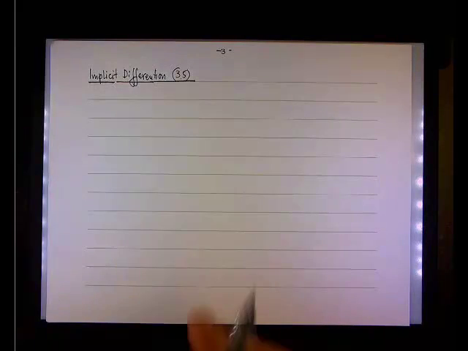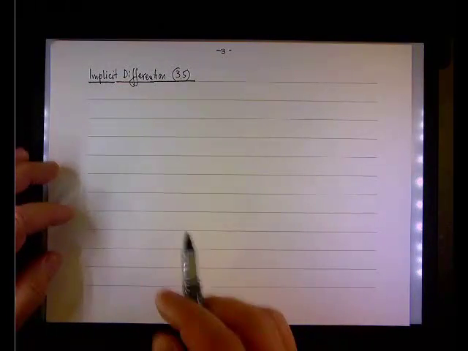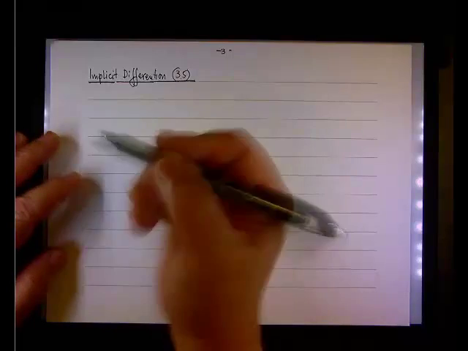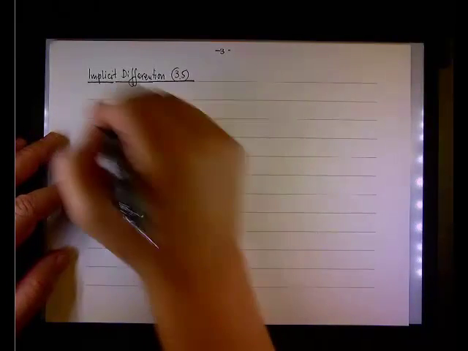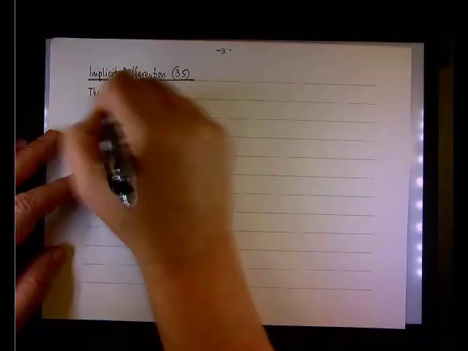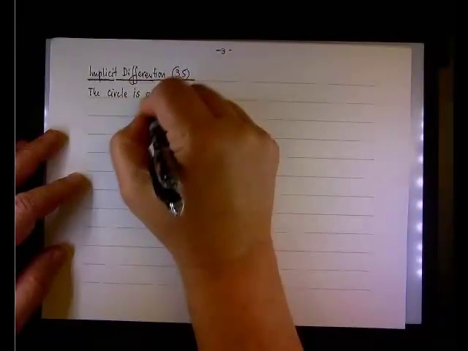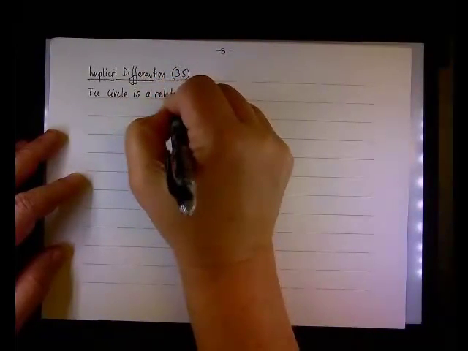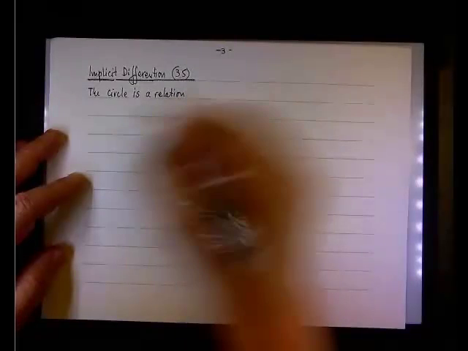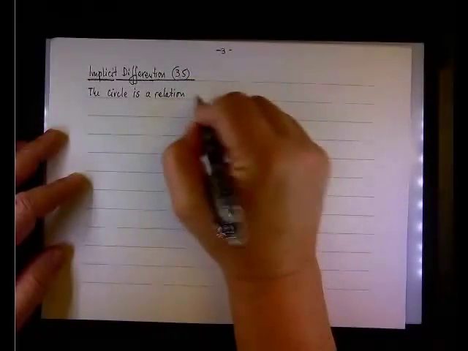About implicit differentiation. Okay, I'm going to say that the circle is a relation but not a function. I should say the equation of a circle, but you know what I mean.